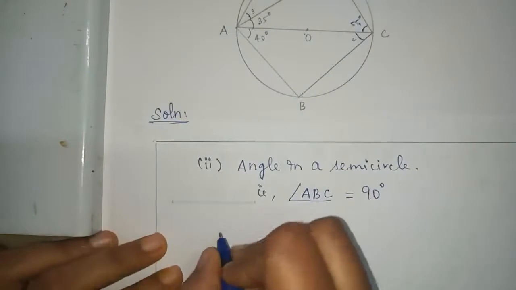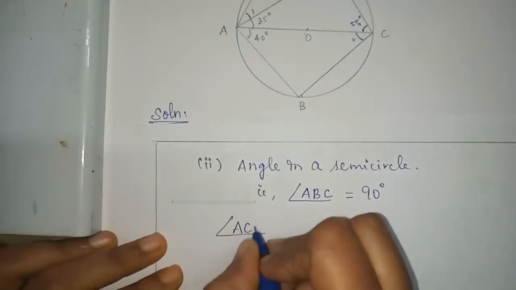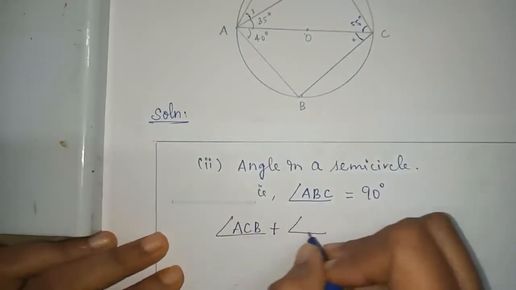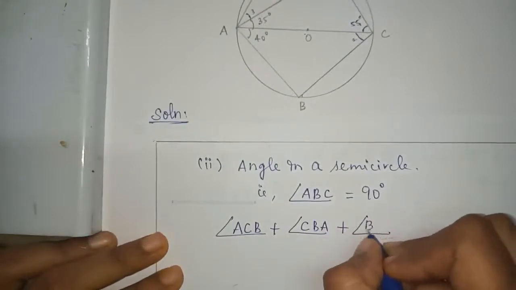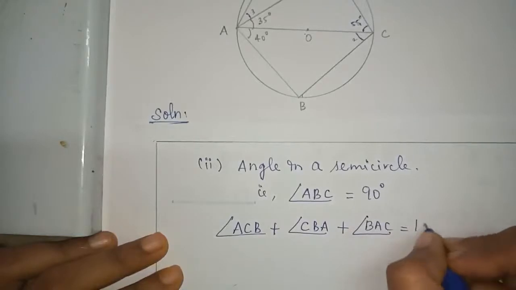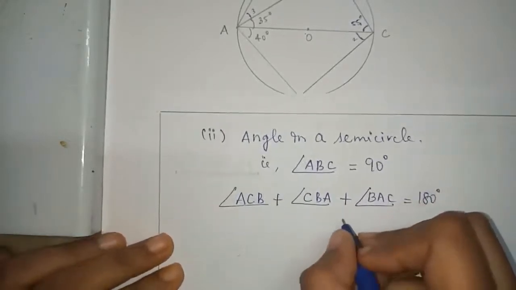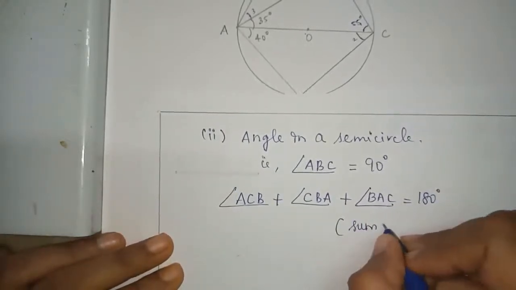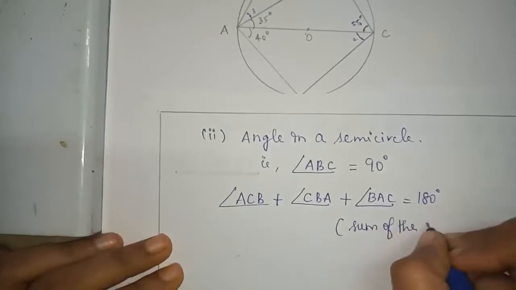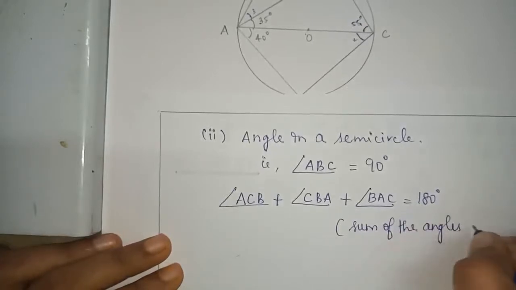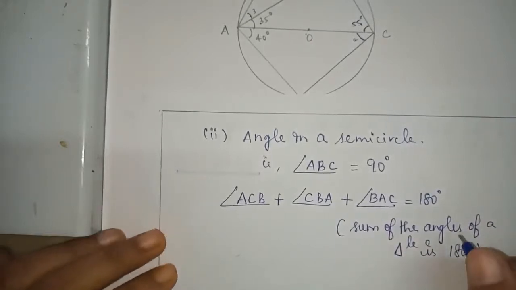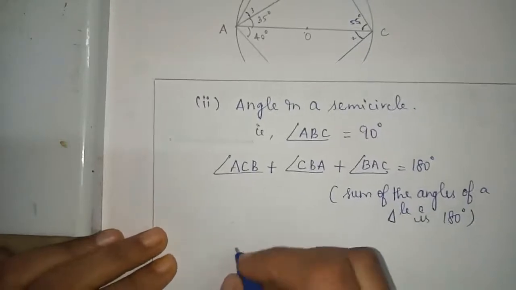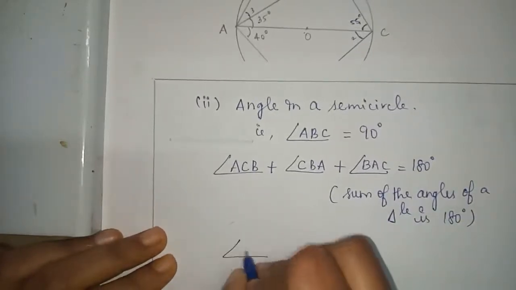So, same concept. Angle ACB plus angle CBA plus angle BAC is equal to 180 degrees, since the sum of the angles of a triangle is 180 degrees. Sorry, we don't know the value of ACB.